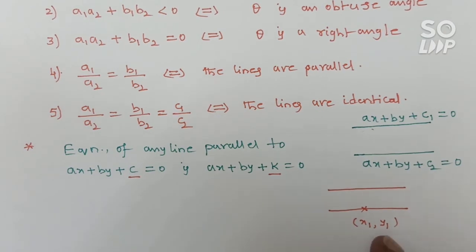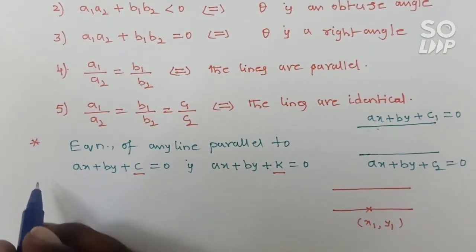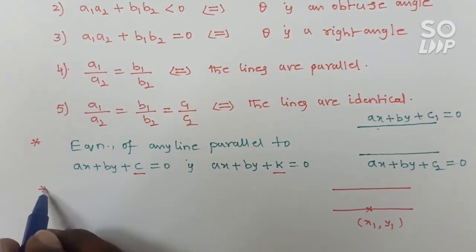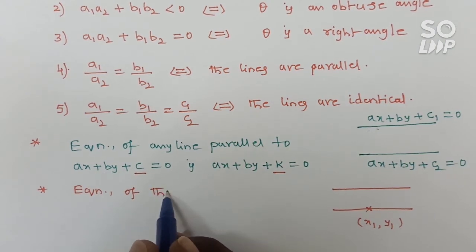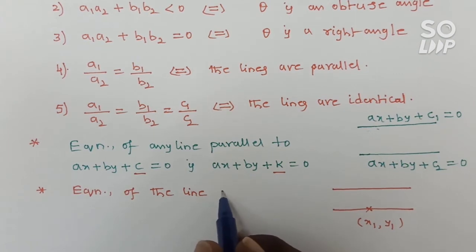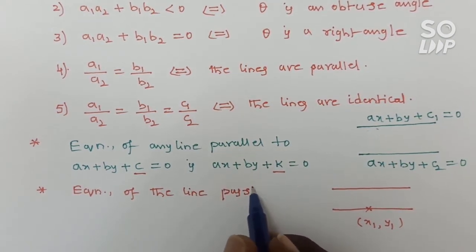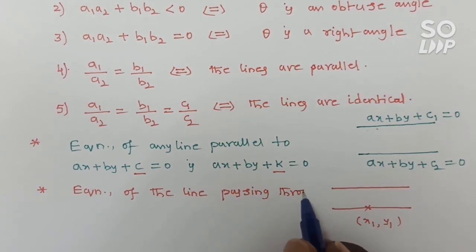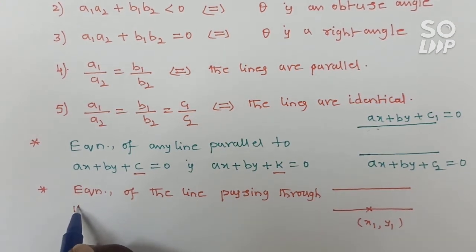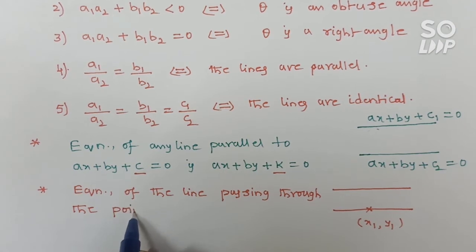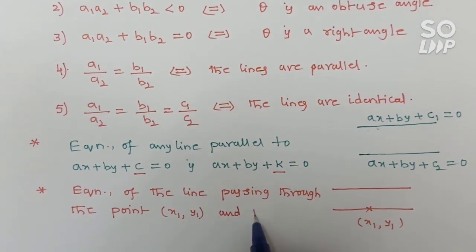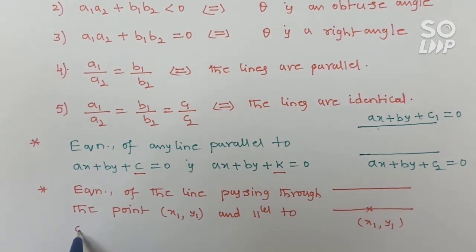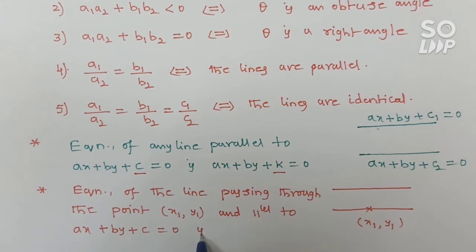The equation of the line passing through the point x1 comma y1 and parallel to ax plus by plus c is equal to 0: all of you see this.